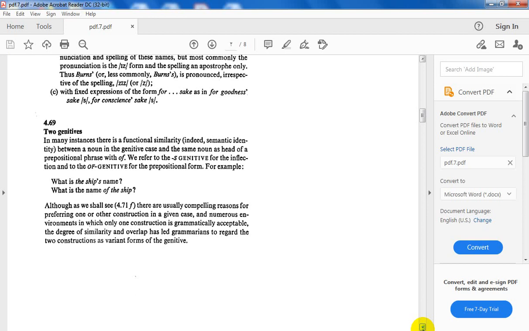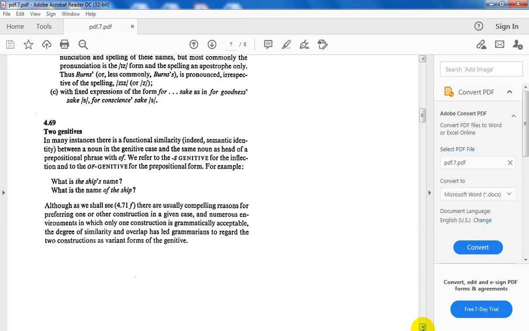Because these are the two forms of genitive or the cases of noun. We refer to the S genitive when I transform the noun from the common case and add the apostrophe then the S, called the inflectional genitive, and the of genitive is called the prepositional form.